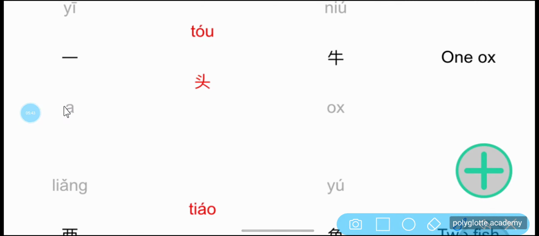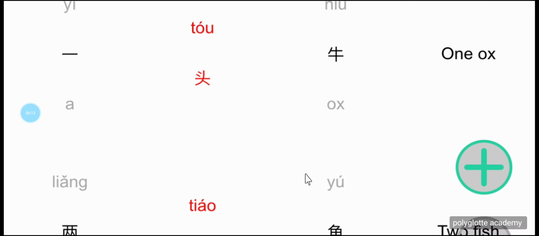An example here will be 一头牛, which is one cow or one ox. 一 means a, 头 is a measure word for animals with big heads, and you have 牛, which is cow or ox. So 一头牛 is one ox or cow.